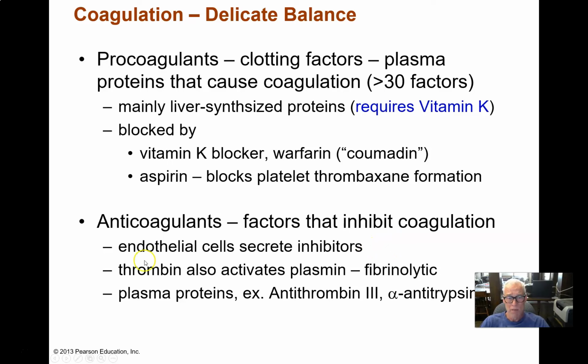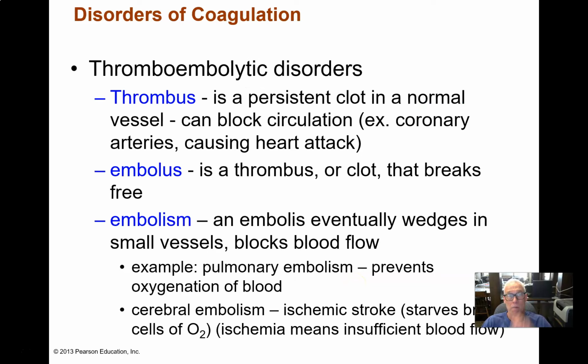And then finally thrombin. Whenever thrombin becomes activated and produces some fibrin from fibrinogen, thrombin also activates some plasminogen to plasmin. And plasmin is the enzyme that breaks down fibrin and dissolves it. So that's another anticoagulant property of the blood.